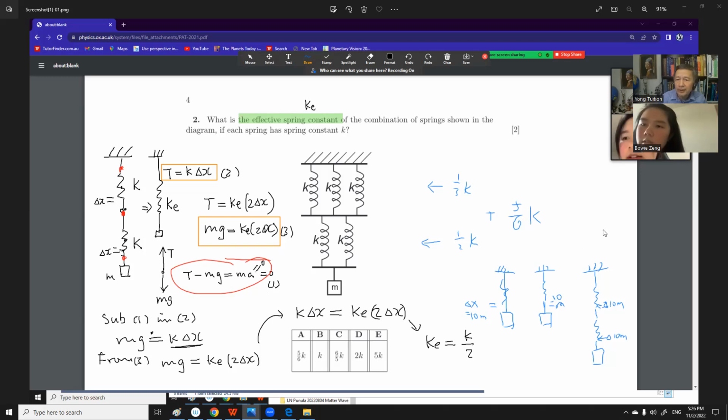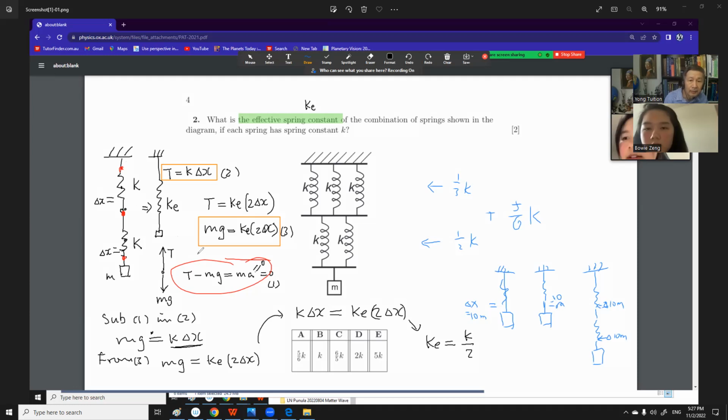So I remember we start from a simple one. From this simple one, we just consider this. We have 2 springs, which are identical. If we want to find the effective one, we know that the force at each point is exactly the same.